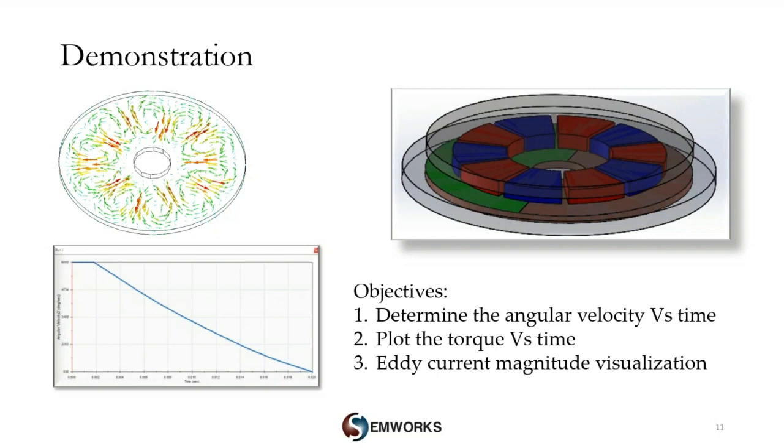Granted that eddy current braking systems are frictionless and contactless, and hence offer a lot of advantages, as my colleague earlier mentioned, there will nevertheless be some heat dissipated because of the eddy currents set up in the conductor. Now I'm going to share my SolidWorks screen with you and show you how eddy current braking systems are done in EMS and SolidWorks.